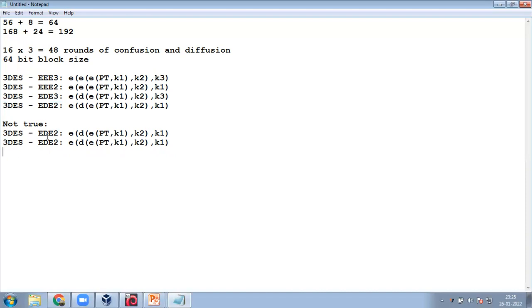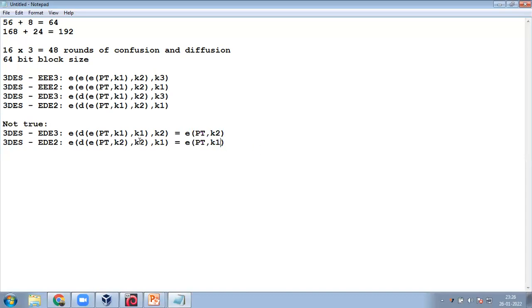If either this is K1 and this K2, this is equivalent to putting it as, and this is similarly encryption of plain text with K1.